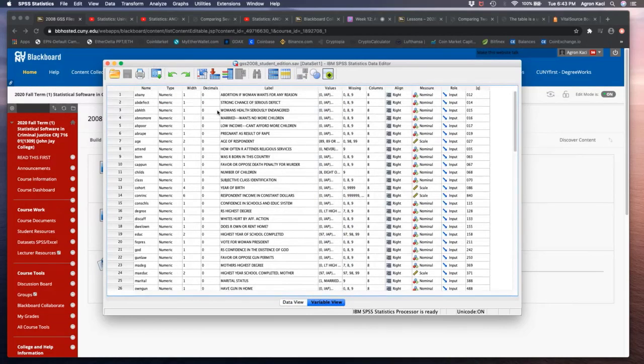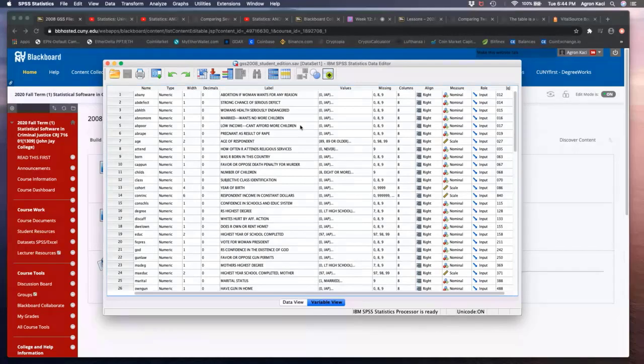So: abortion if a woman wants for any reason, strong chance of serious defect in the baby, health seriously endangered, married and wants no more children, low income and can't afford more, pregnant as a result of rape. These are very good questions, and we're going to do some of these when we talk about cross tabulation and chi-square, because a chi-square tabulation will need variables that are categorical in nature, right?